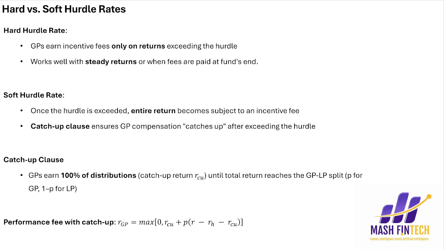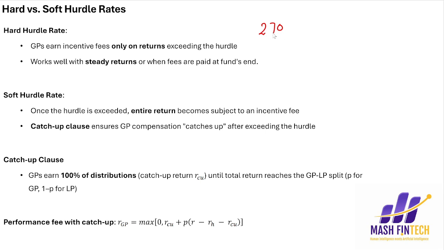Remember, we spoke about the hurdle rates, and we said with the hurdle rate, what happens is that the performance fees are going to be given to the GPs if they exceed a certain amount. So suppose the hurdle rate was 270, and the fund makes a profit of 360.